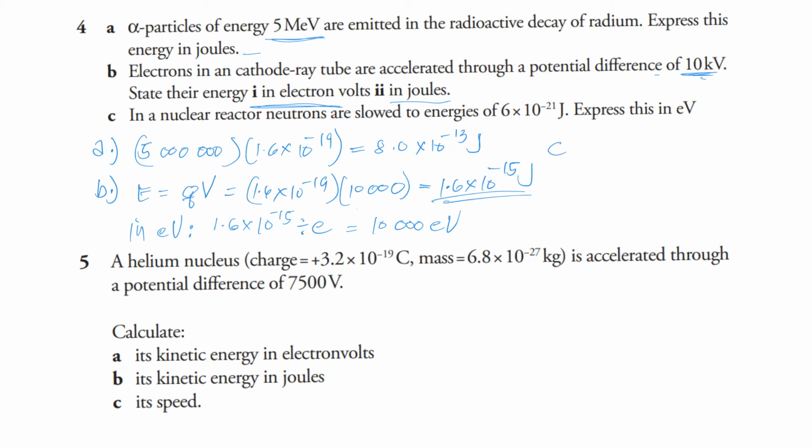Now let's go to C. In a nuclear reactor, neutrons are slowed to energies of 6 times 10 to the minus 21 joule. Express this in eV. So you have 6 times 10 to the minus 21 divided by e, just divided by the charge of the electron. It will give us around 3.8 times 10 to the minus 2 electron volt. That's the answer for C.